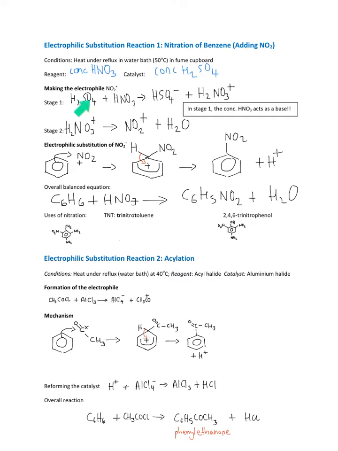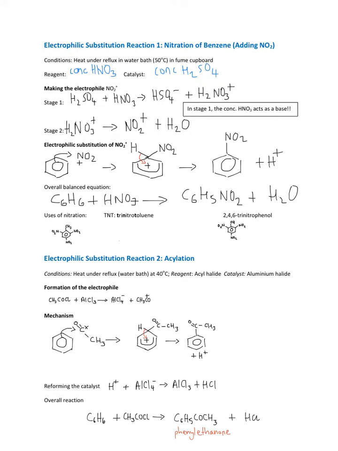So what happens is the sulfuric acid reacts with nitric acid, and the H2SO4 behaves as the acid, donates a proton, and the HNO3 behaves as a base. In the second step, the H2NO3+ ion turns into NO2+, so it forms this very powerful electrophile, and water is the byproduct of that reaction.